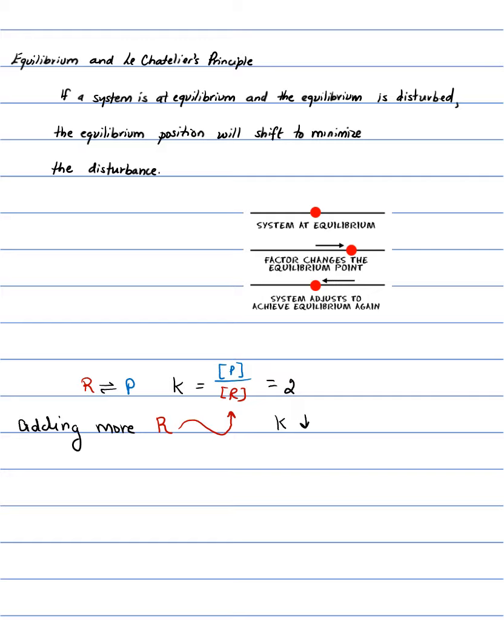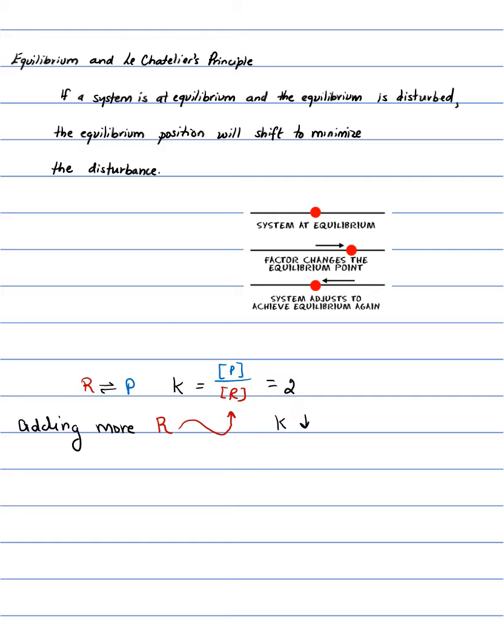Now, what Le Chatelier's principle is telling you is that if your system is at equilibrium and you add something, as in my example, your actual reaction is going to find a way to minimize that change. The change is increasing the concentration of my reactant, so the reaction is going to find a way to minimize that change.